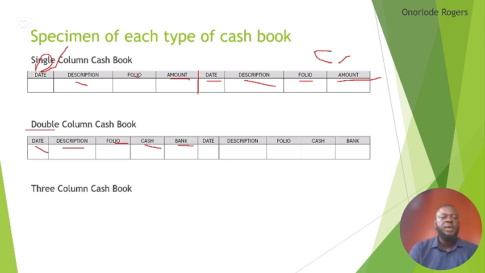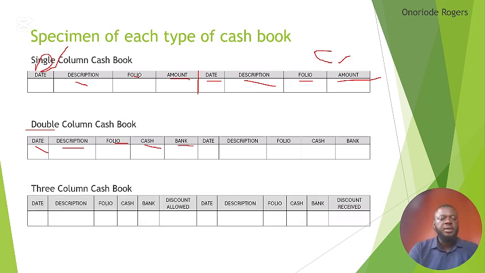The next one is the three column cash book. The columns increase by one again. We have date, description, folio, cash, bank, and discount allowed here. Then on the credit side, we still have date, description, folio, cash, bank, then discount received.